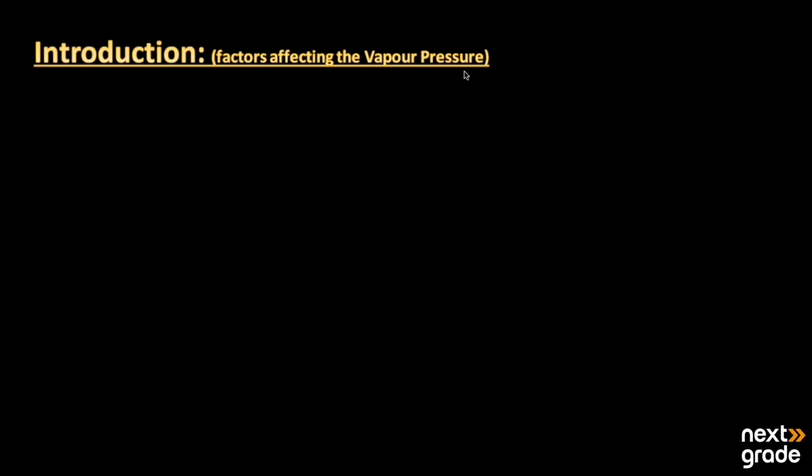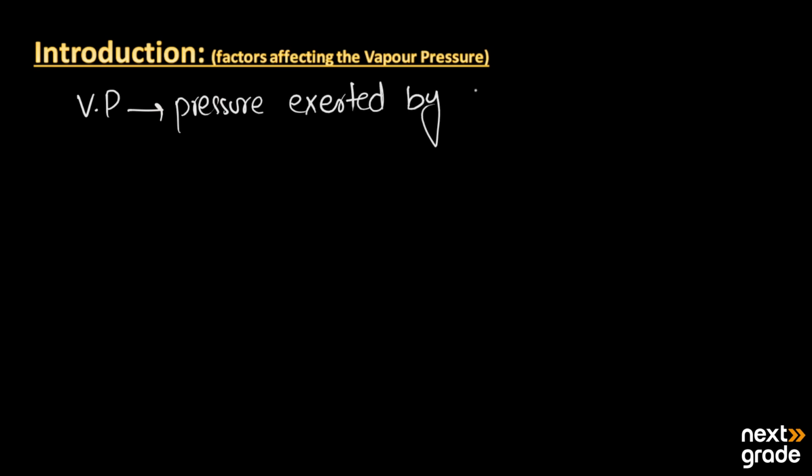Today we have the lecture about the factors that are going to affect the vapor pressure. Before the start of the lecture, you must know what is meant by vapor pressure. In the previous lesson I have already told you, but you must know it again. The vapor pressure is the pressure exerted by vapors of the liquid.